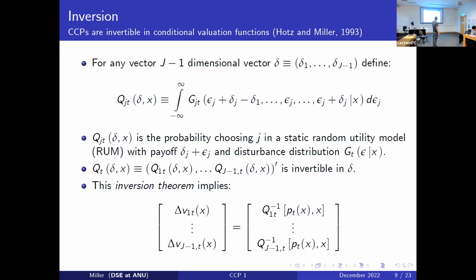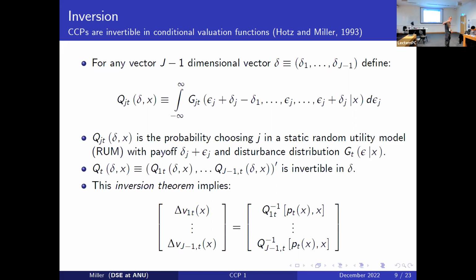And so let's just put the vector together. These delta v's have a one-to-one mapping with these P's. In other words, the inverse of Q exists. And that's really saying the following. Think about what people are choosing here. They're choosing the best thing for them. That just means the best out of what they have available to them. We see the probabilities of them making those different choices.